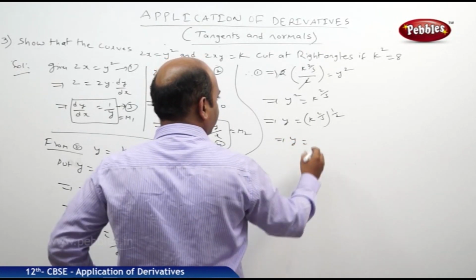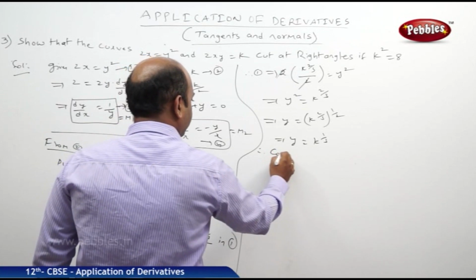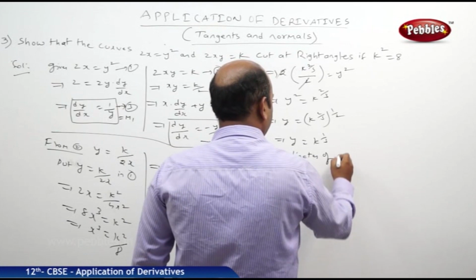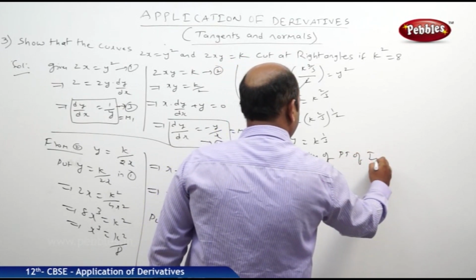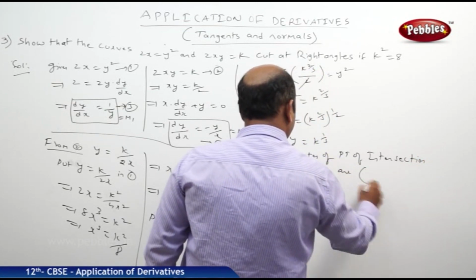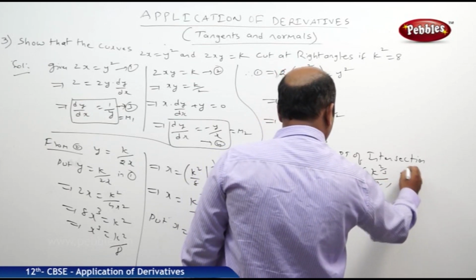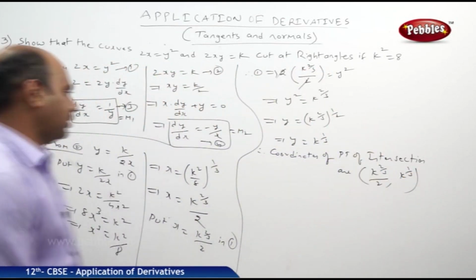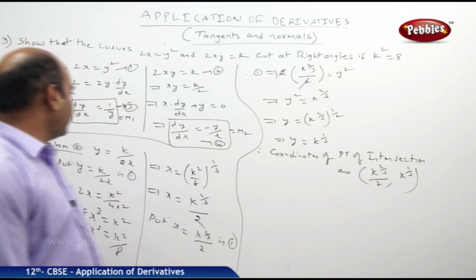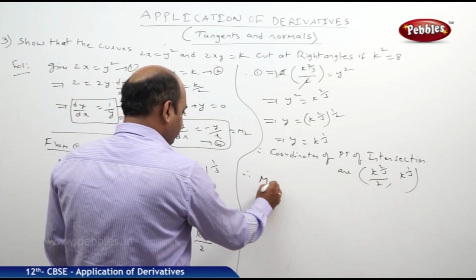So, finally, y is equal to k power 1 by 3. Therefore, coordinates of point of intersection are k power 2 by 3 by 2 comma k power 1 by 3. So, I got point of intersection in terms of k as k power 2 by 3 by 2 comma k power 1 by 3.